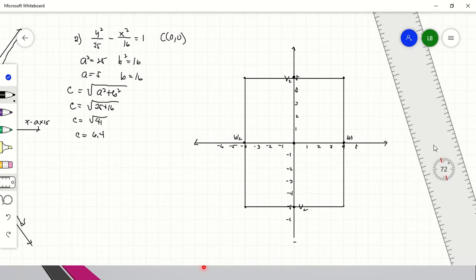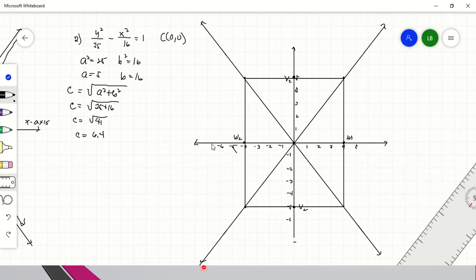So, let's draw the diagonal. And the focus is 6.4. So, ito yung ating transverse axis. Ito yung ating conjugate axis. So, 6.4. Somewhere here is the focus.